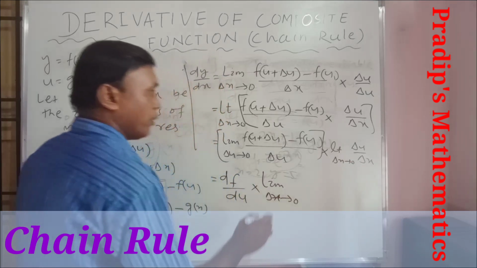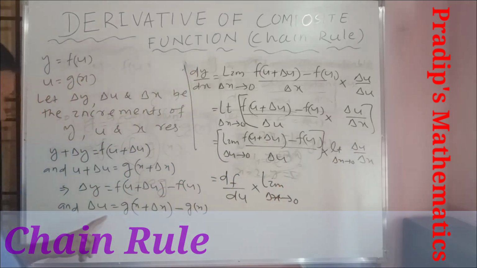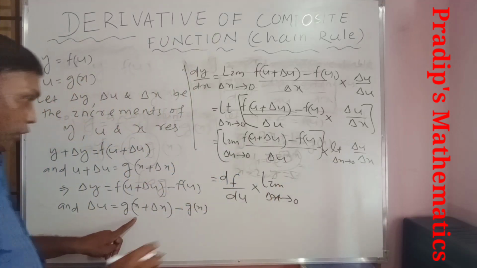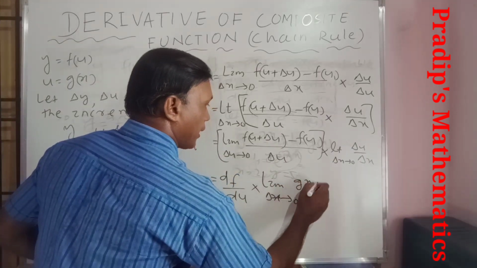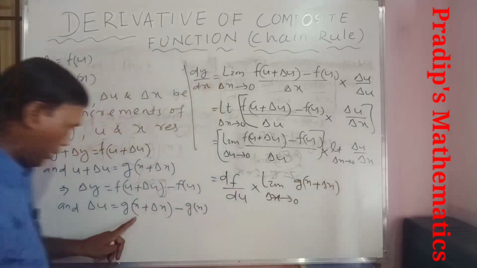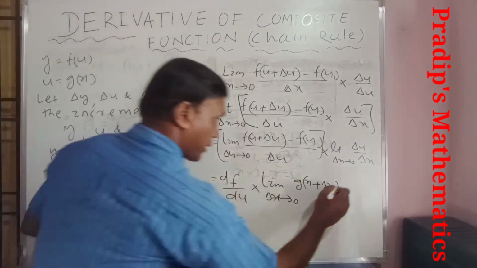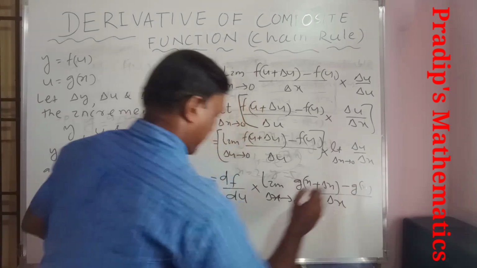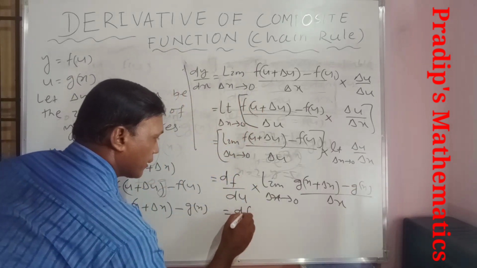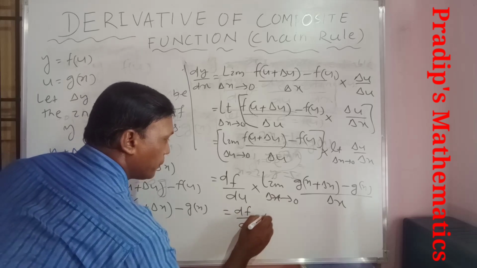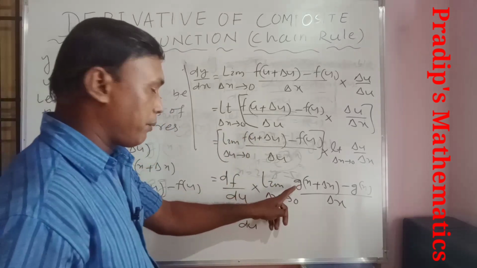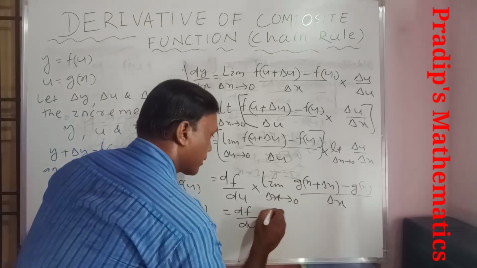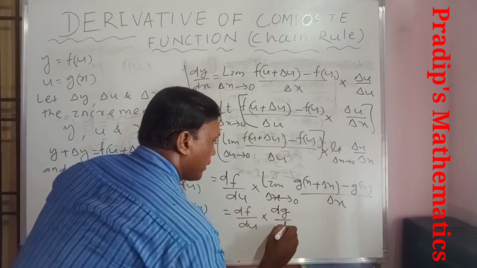This is the formula of df by du into here limit del x tends to 0, del u, look at here is del u, g of x plus del x minus g of x by del x. This is df by du into, this is derivative of g with respect to x, means dg by dx.